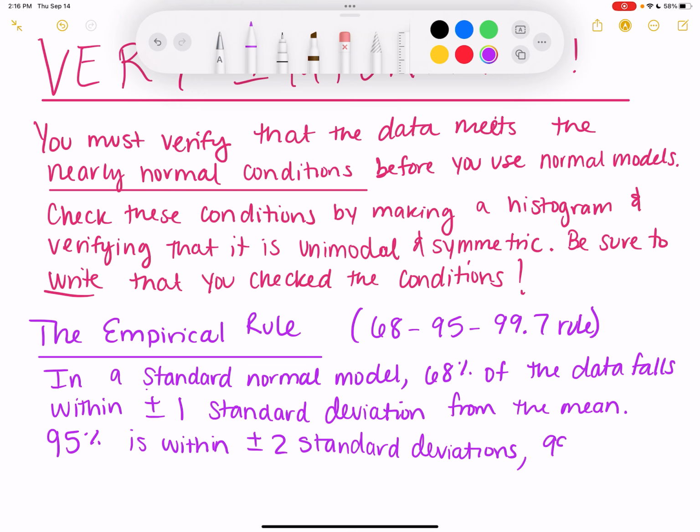And 99.7% is within plus or minus 3 standard deviations. And I'm sure you're wondering about the other 0.3%, and that's just beyond that.